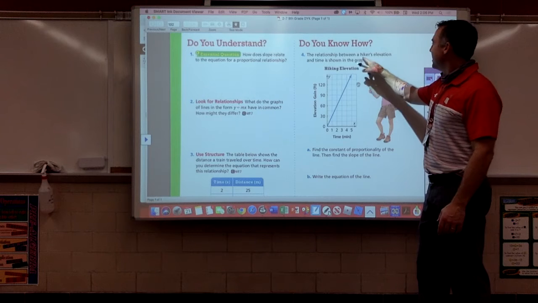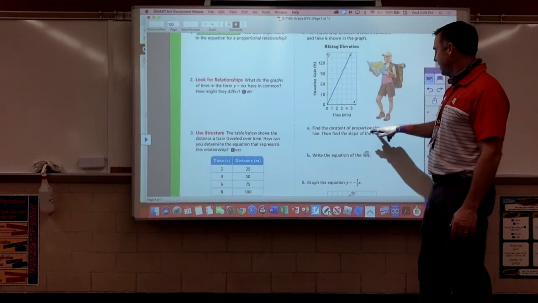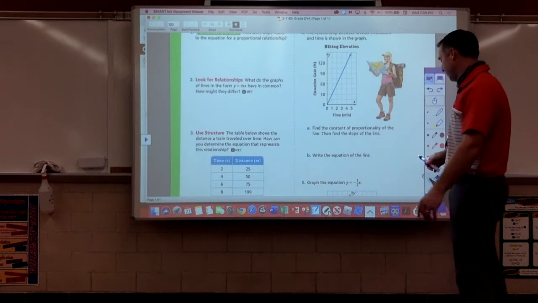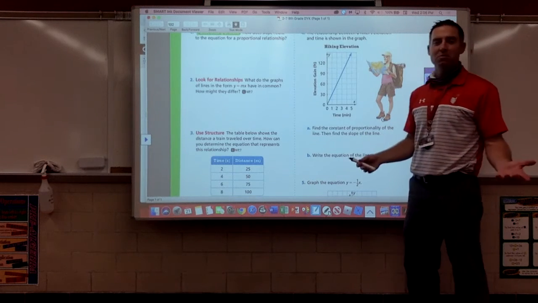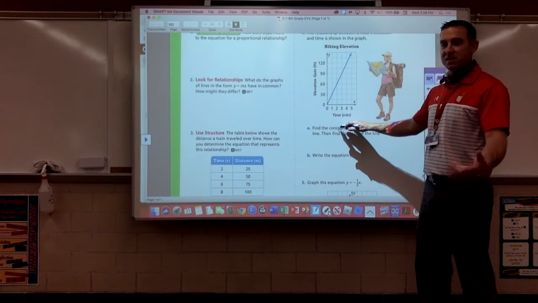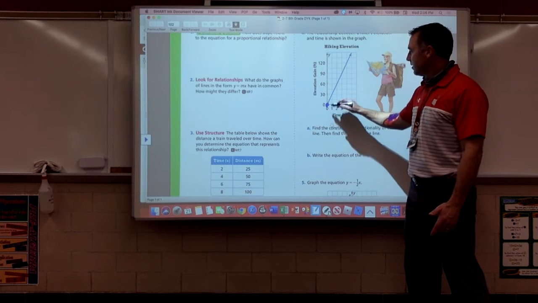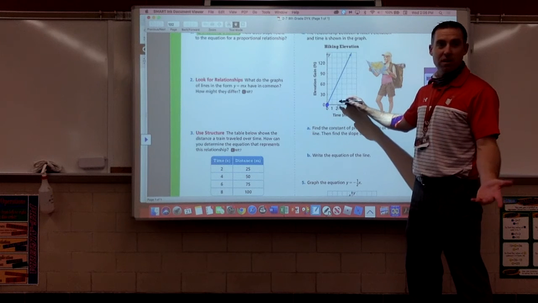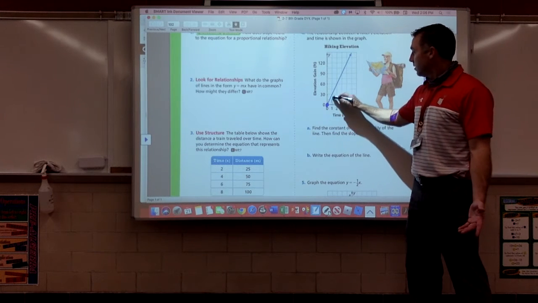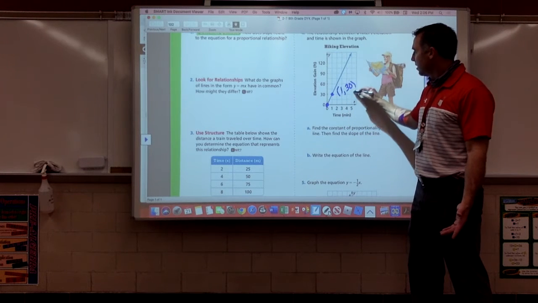The relationship between a hiker's elevation and time is shown in this graph. Find a constant of proportionality. Then find a slope. They're the same thing. So we just have to find the slope, which is the constant of proportionality. How do we do that? We find two points. 1 comma 30.